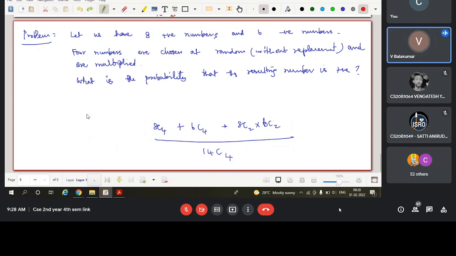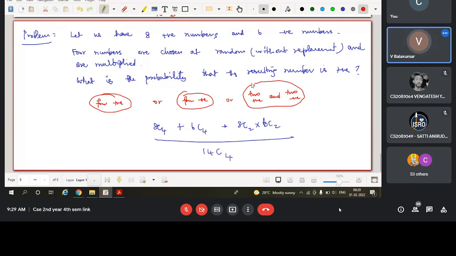If you need a positive result, you can have all 4 positive, or all 4 negative, or what else can you have? 2 positive and 2 negative. Oh, I should write "or" here. 2 positive and 2 negative. You can have these 3 cases.